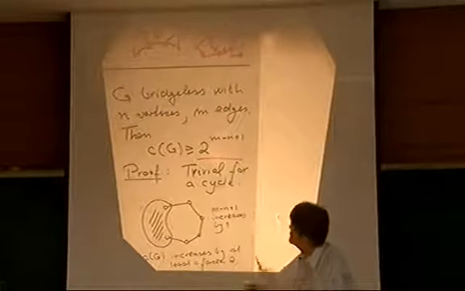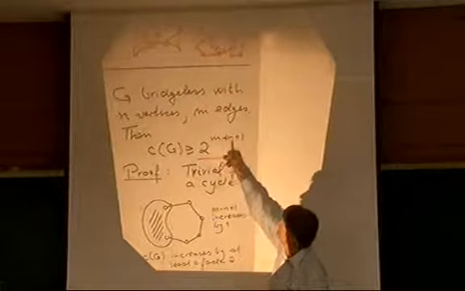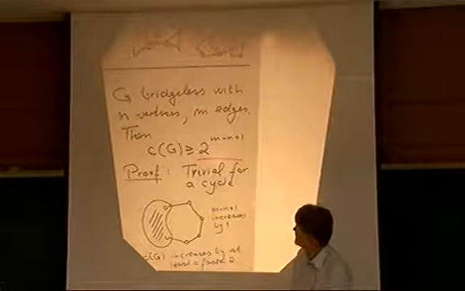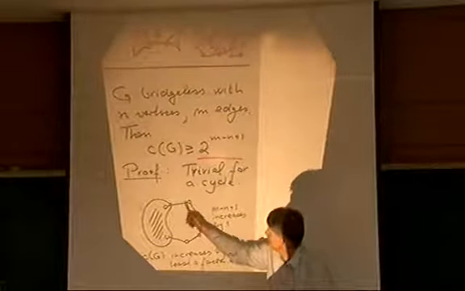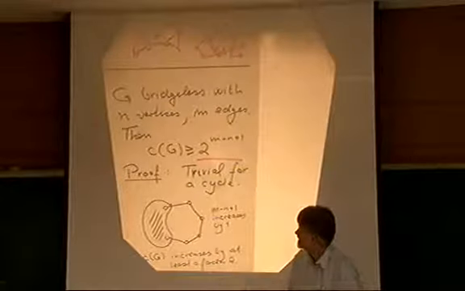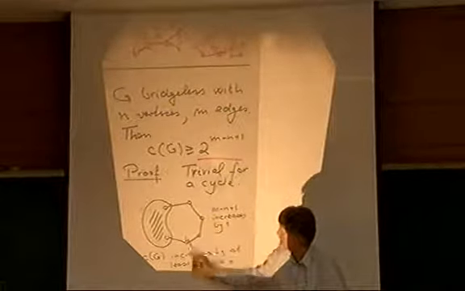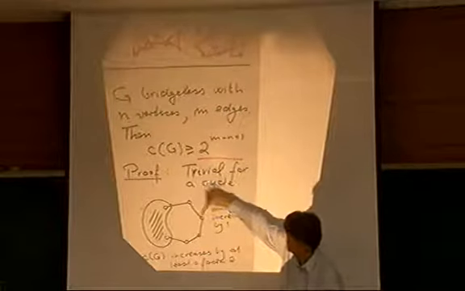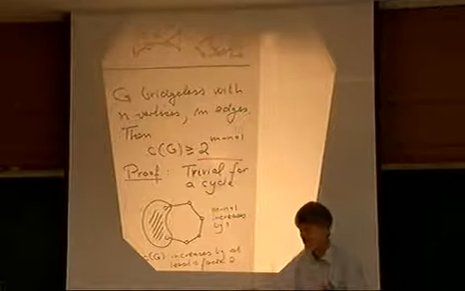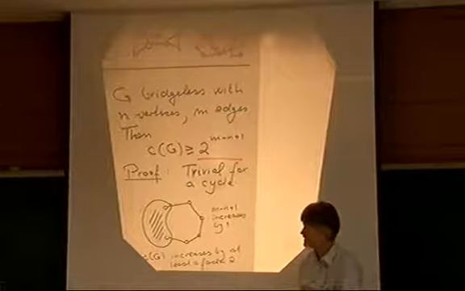What happens with this number? Well, here you have the difference between the number of edges and the number of vertices. What happens with that number when I make this operation? Well, let's count. How many edges? I add 1, 2, 3, 4, 5. How many vertices do I add? 1, 2, 3, 4. 5 edges, 4 vertices.